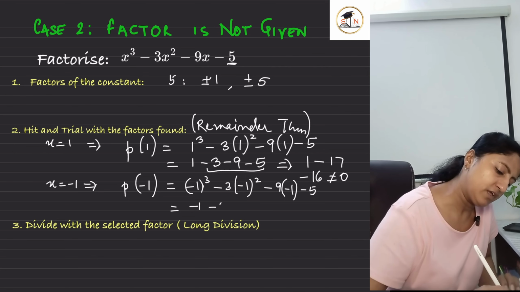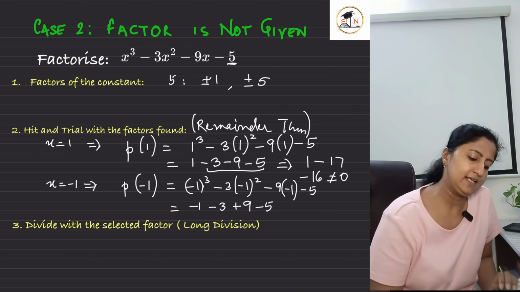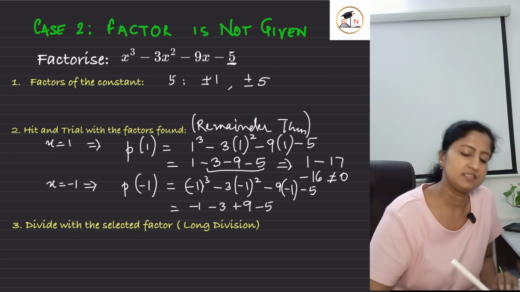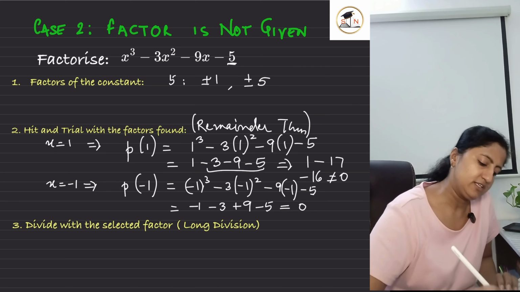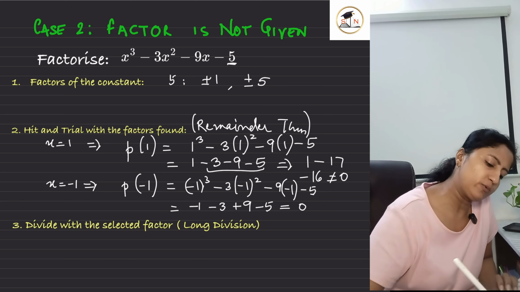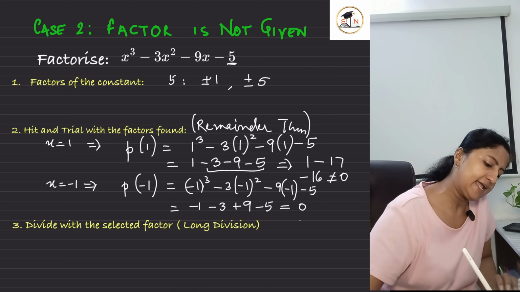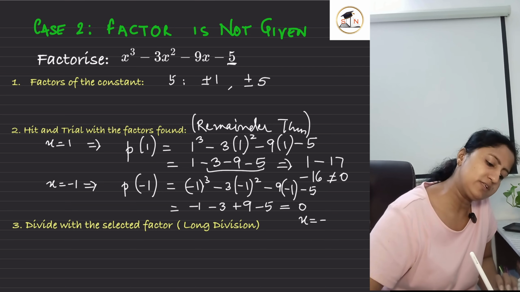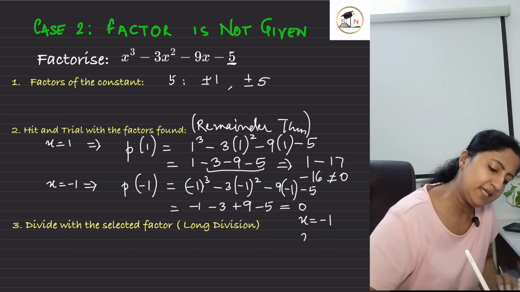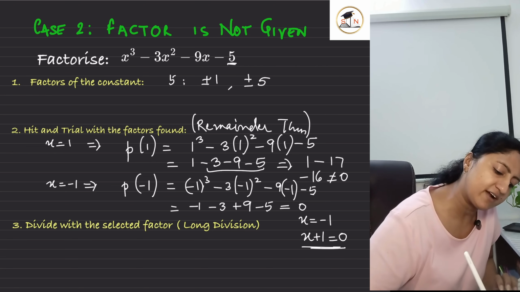Negative 1, negative 3 plus 9, negative 5. And if you calculate, this is coming out as 0, right? So now we get that x equals negative 1 is a 0. This means we have x plus 1 equals 0 as a factor.